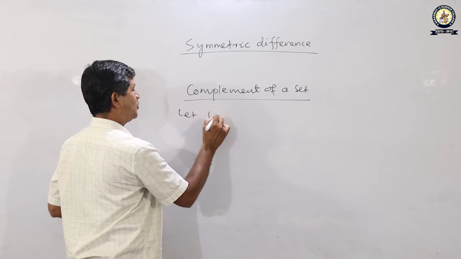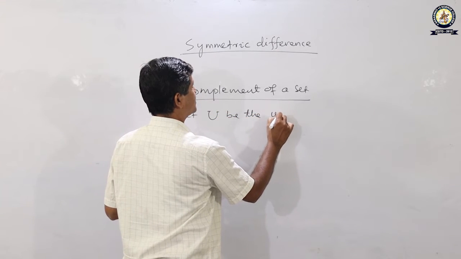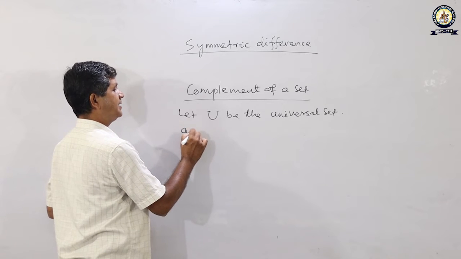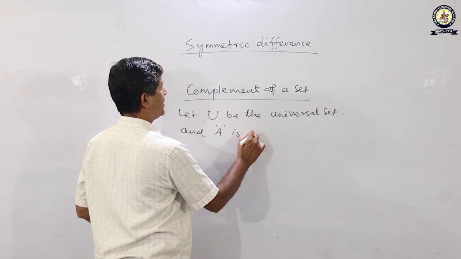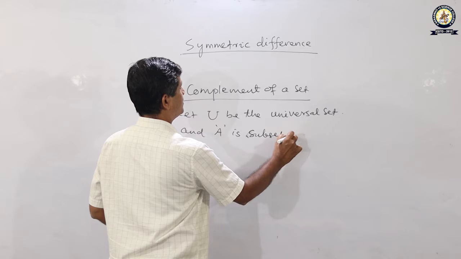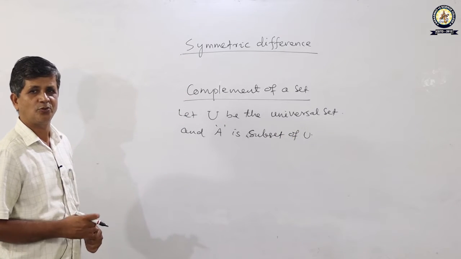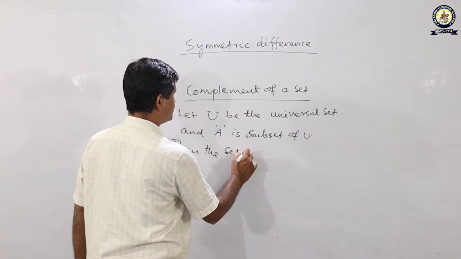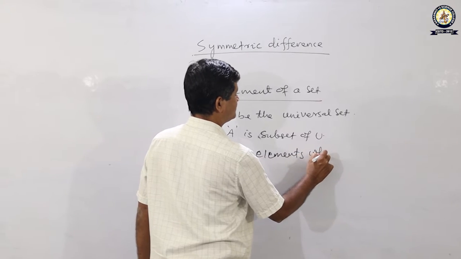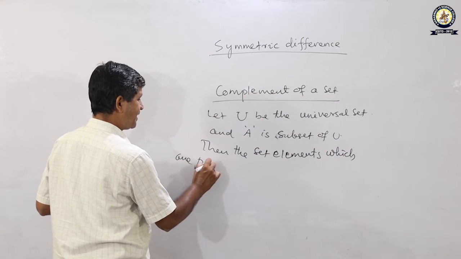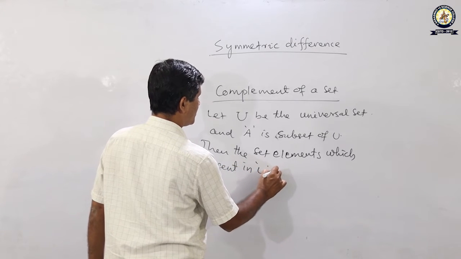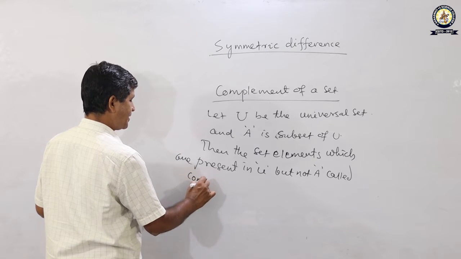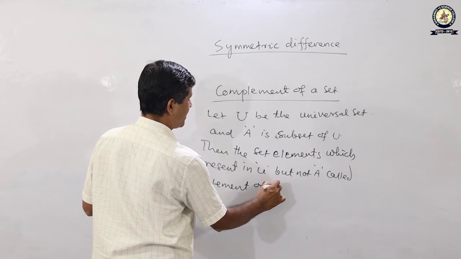Let U be the universal set, and A is a subset of U. Then the set of elements which are present in U but not in A is called the complement of the set A.